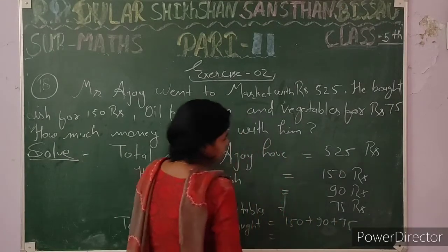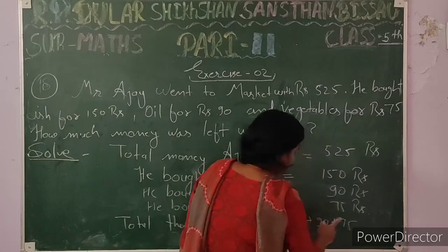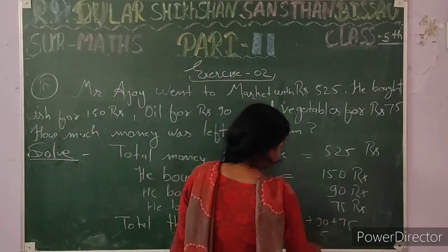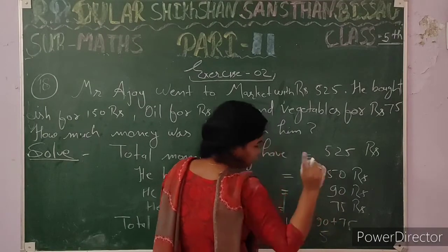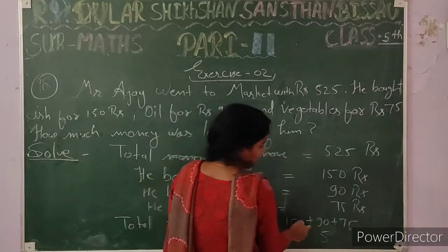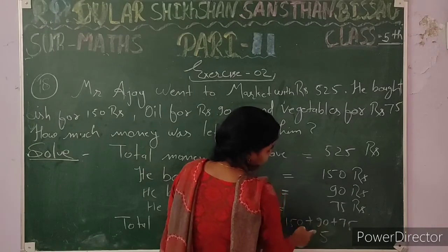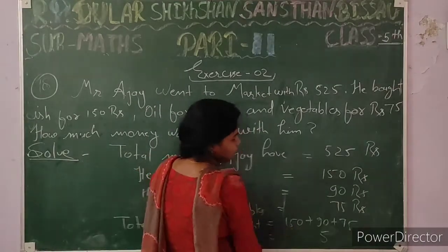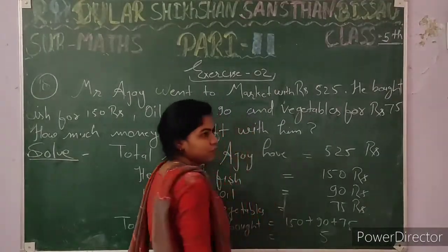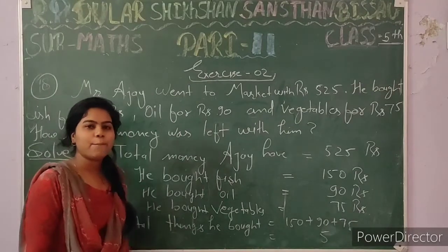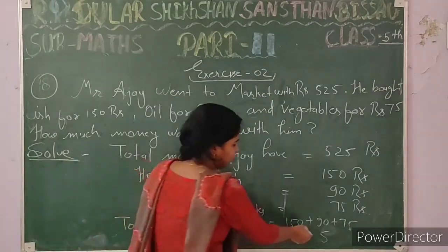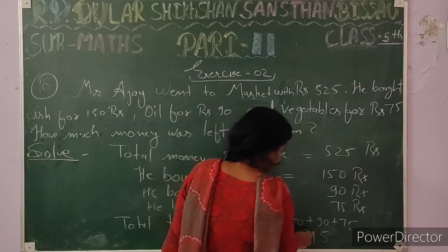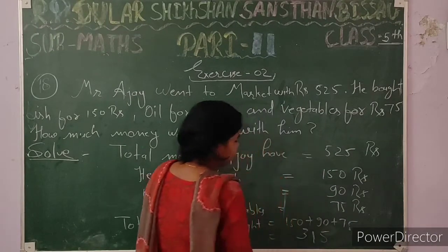If we add these numbers, first of all students, we add only the 1 digit number, so 5. Then the tens digit, 9 plus 7 is 16, 16 plus 5 is 21. So here I write 1 and 2 carry, then the third digit is 1 and 2 is 3, 315 rupees.